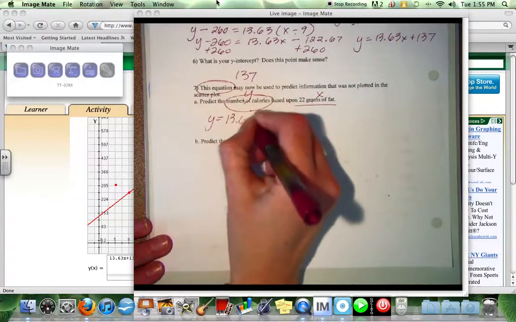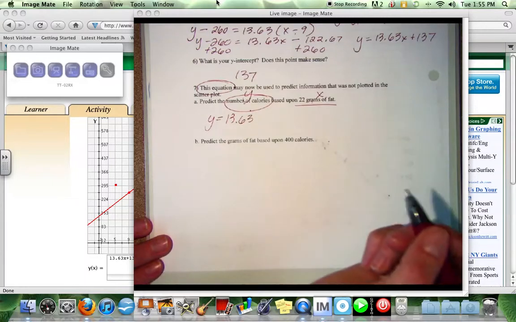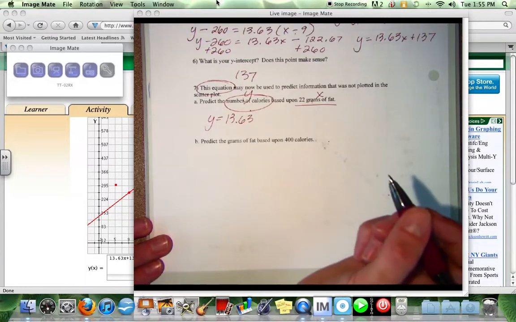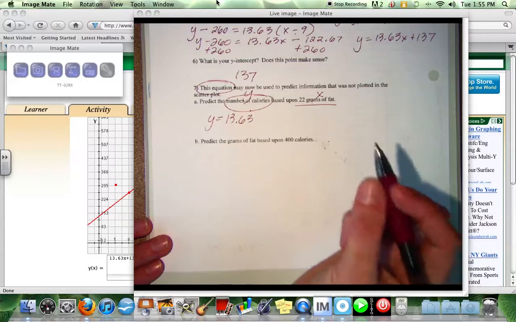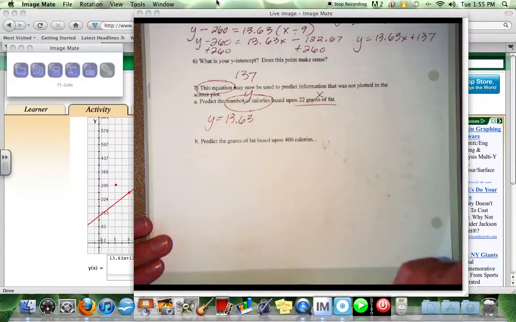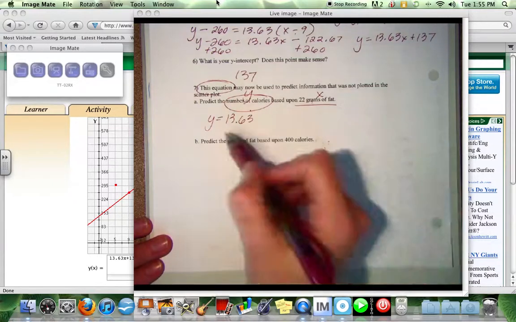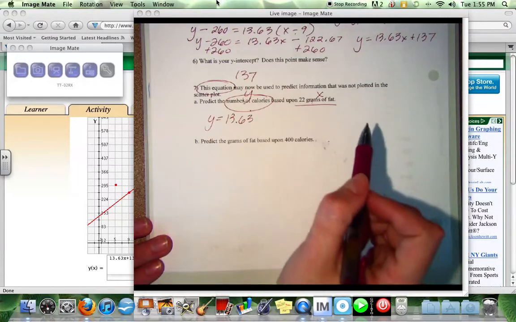I guess 498. And how did you guess? I went to 22 grams of fat and went up to where the line met. Okay, that's good, but we were told to use our equation. That is another way to use the graph, and it's a great way.